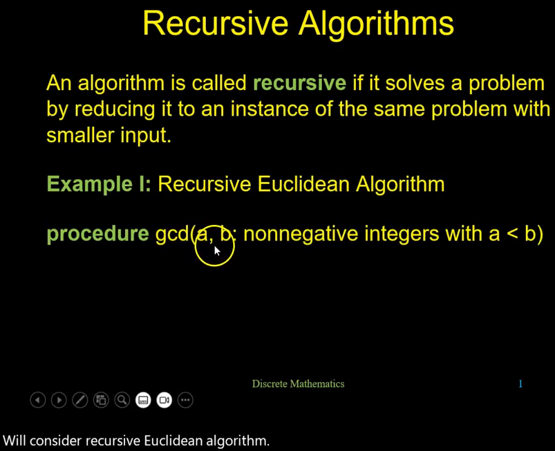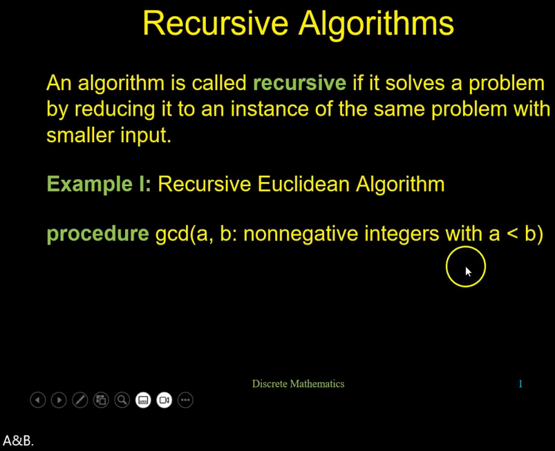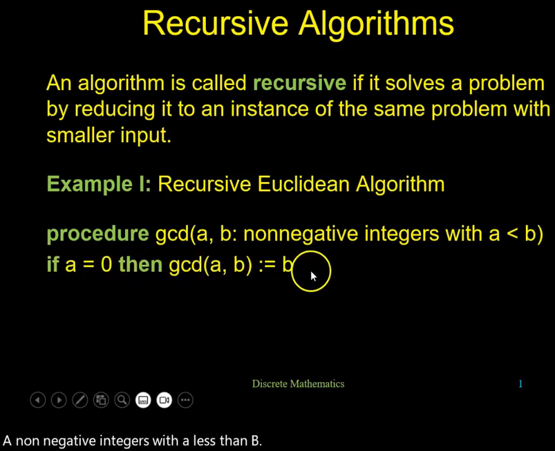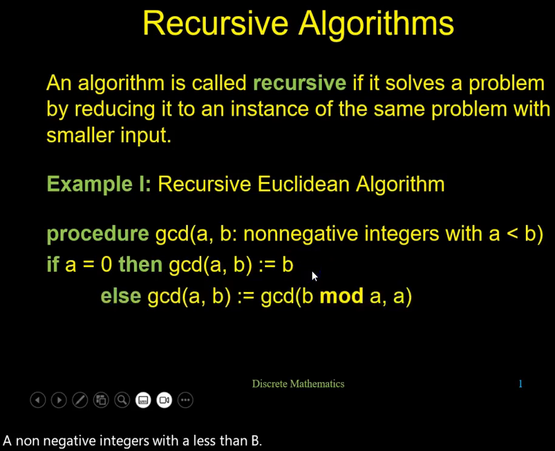Procedure GCD, A and B are non-negative integers with A less than B. First row, if A is 0, then GCD of A, B is B. Else, GCD of A, B is GCD of B mod A, comma A. That is, the first number is the remainder when you divide B by A, so the remainder is strictly less than A. So this requirement is met.